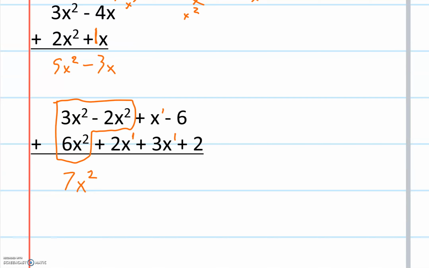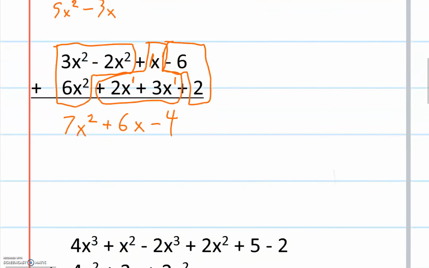Well, all of these ones have degree 1. So 1 plus 2 plus 3 equals 6x. And now, lastly, we're going to do this one. Oh, and I can't forget that this has the negative right there. Don't lose negatives. Okay, so negative 6 plus 2 is minus 4.